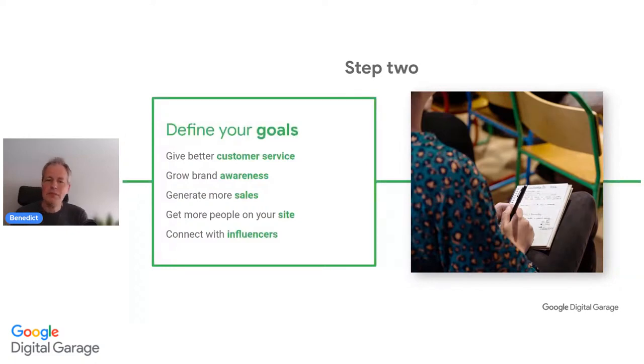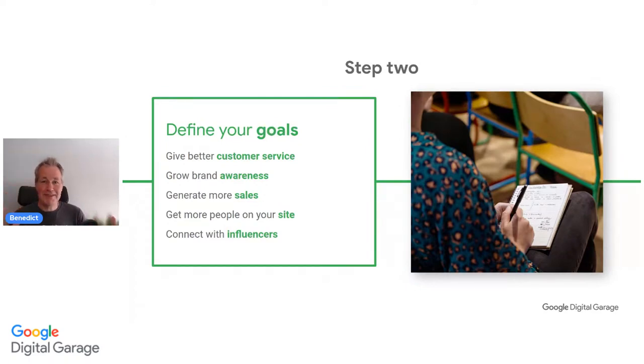All right, defining your goals. The big thing here is how you actually translate your business goals into social goals. What I'm talking about here is business goals in the real world: you've got a business, this is our address, this is what we sell.